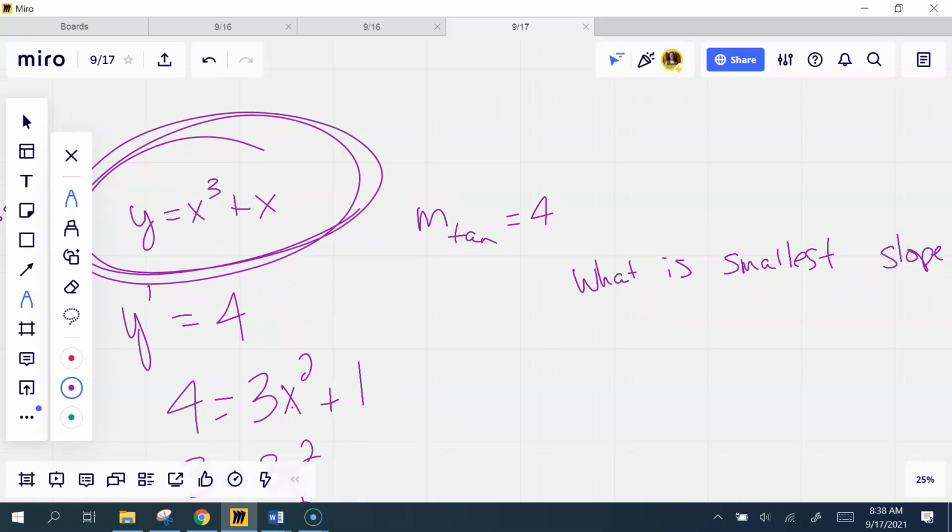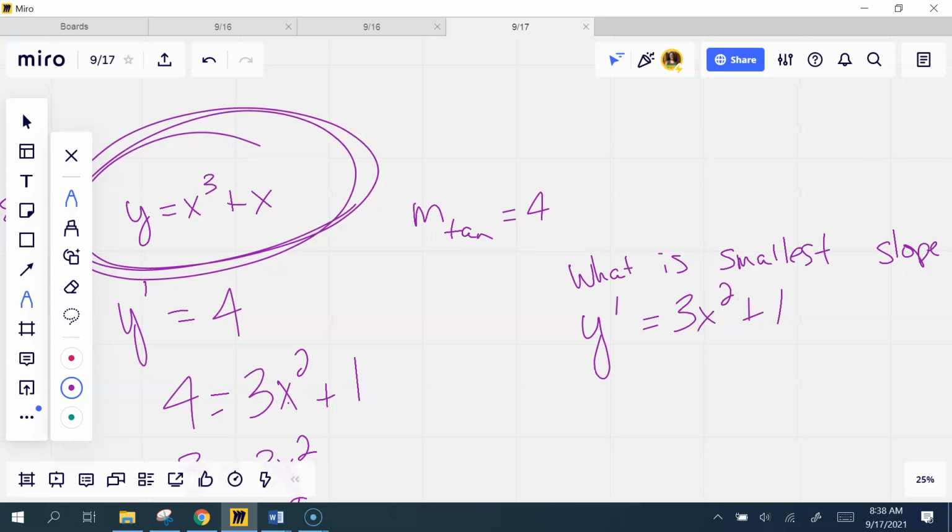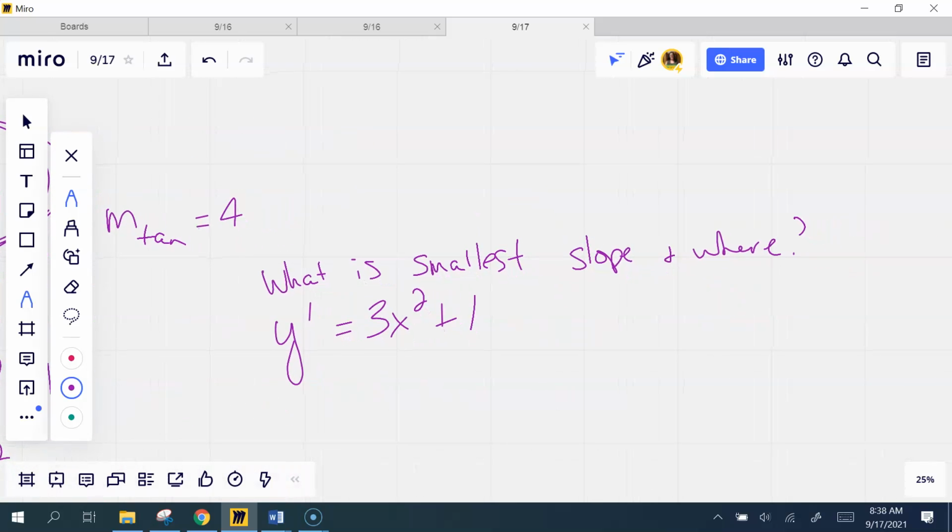So the derivative is 3x squared plus 1. Now think about this. If this represents my slope, how do I find where that is the smallest?